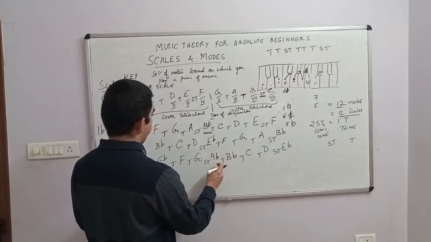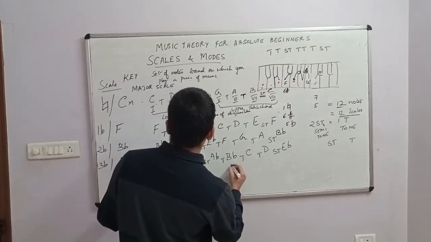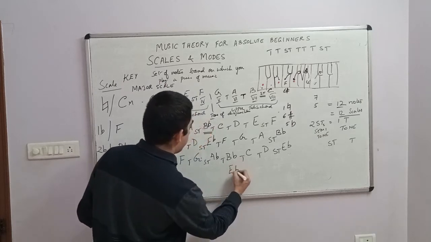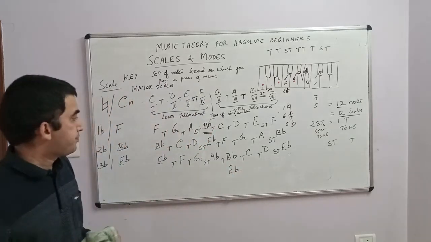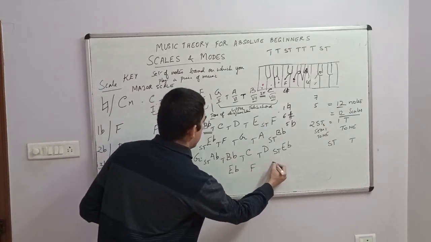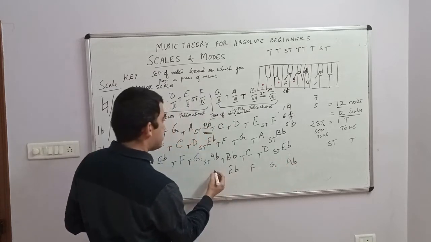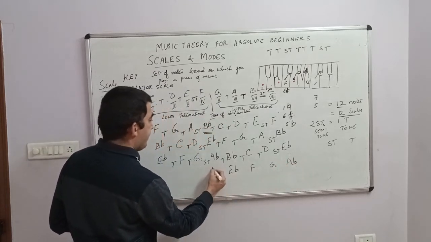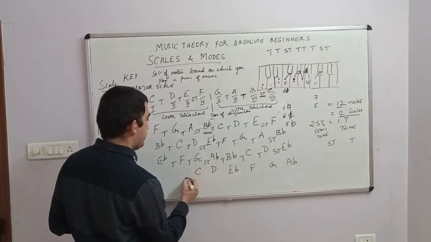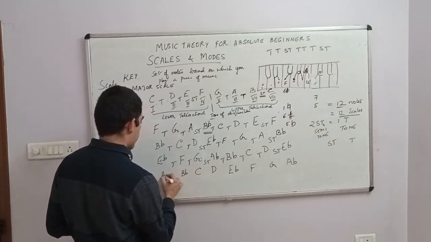Continue the same thing. Lower tetrachord goes up. E flat, right? Then F, then G, A flat. Go backwards. D, C, B flat, A flat.